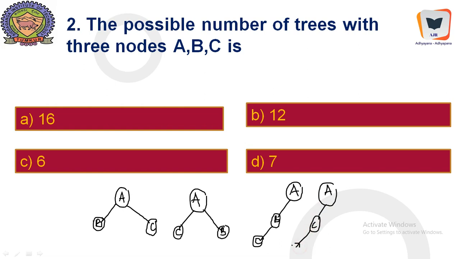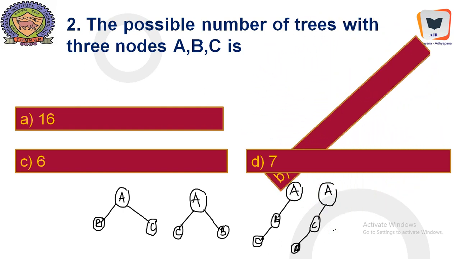Therefore, with A as the root, this kind of arrangement is also possible. So with A 2 trees, with B 2 trees, with C 2 trees. So this becomes again 6. So therefore, it is 6 plus 6, 12 trees are possible. So 12 is the correct answer.